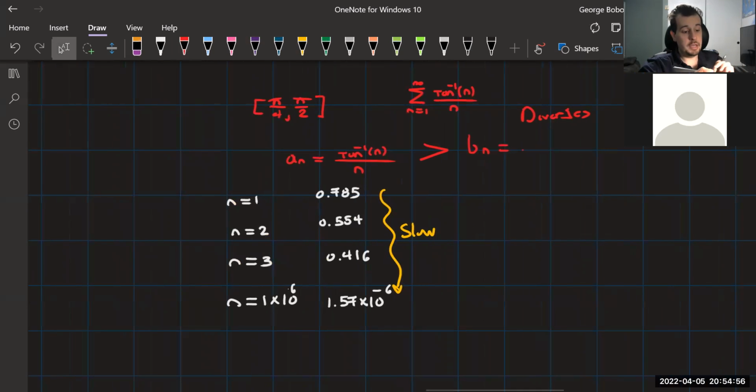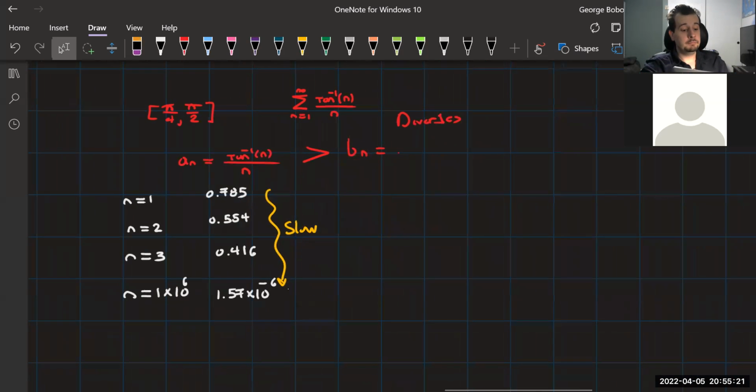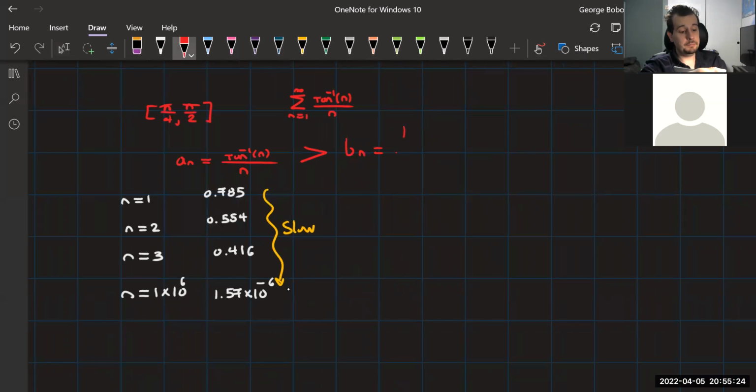So if you pick any number that is smaller than pi over 4, you've won. Pi over 4 is like pi over 8, 1/2. Why not 1/2? Replace the tan inverse with 1/2, and leave the denominator the same, so that you get 1 over 2n.